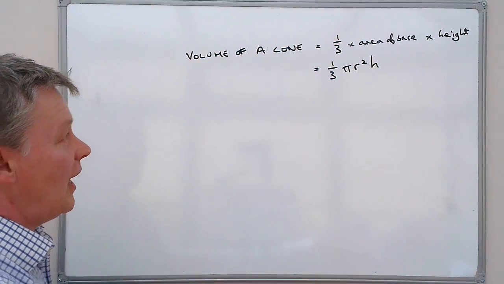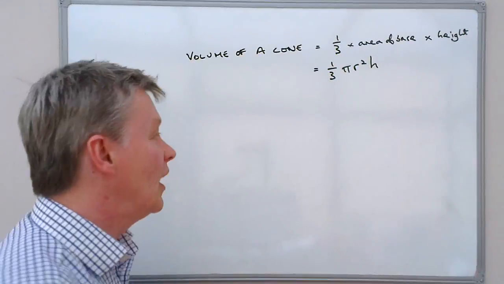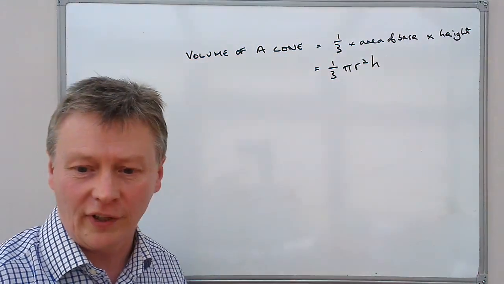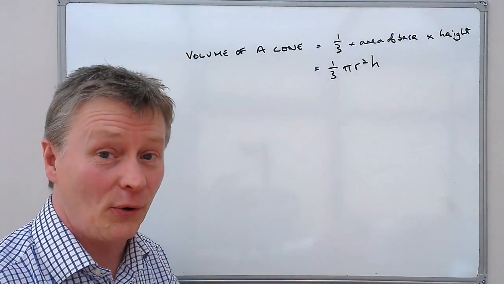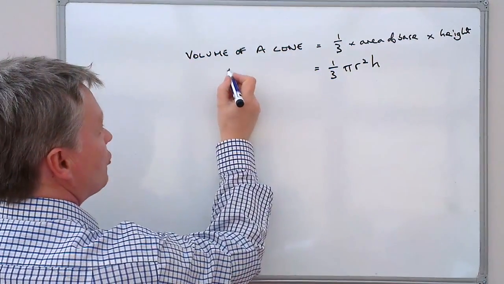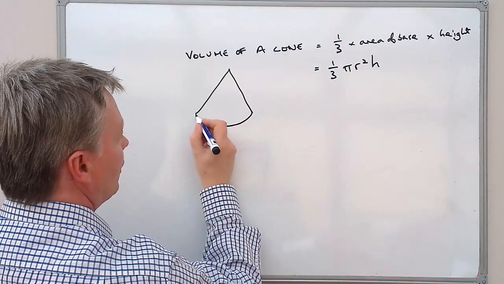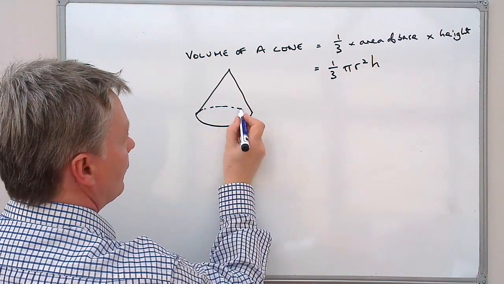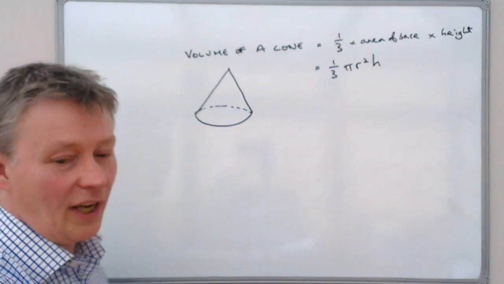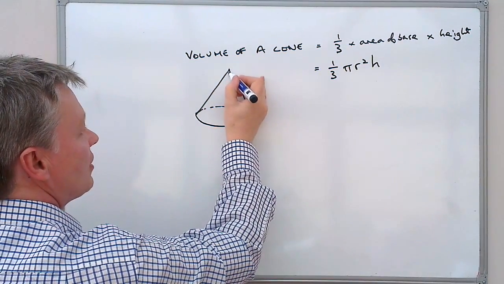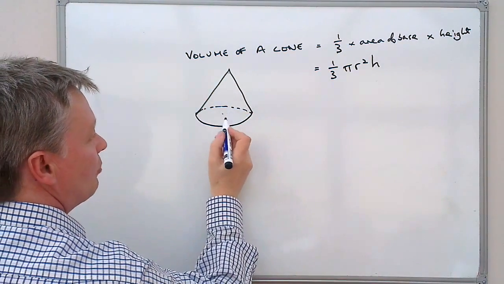So let's have a look at a practical example, and this is from a GCSE question. It's actually an A grade question. So if I draw the picture that we have here, we've got the cone. The cone has a perpendicular height, which is this overall height here to the base.